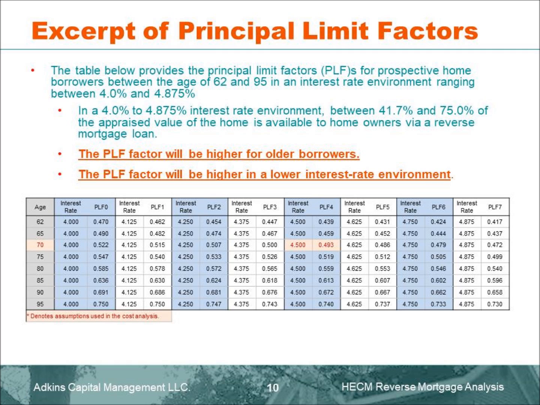In such an environment, between 41.7% and 75% of the appraised value of the home is available to homeowners via a reverse mortgage loan. The PLF factor will be higher for older borrowers, and the PLF factor will be higher in a lower interest rate environment.